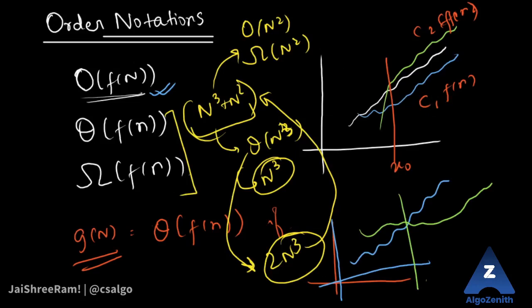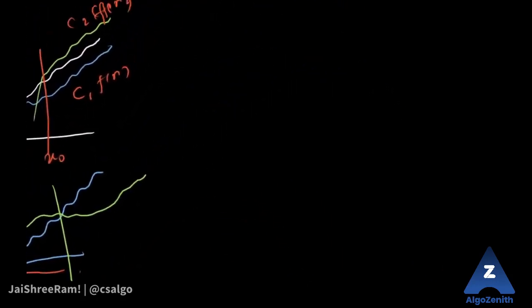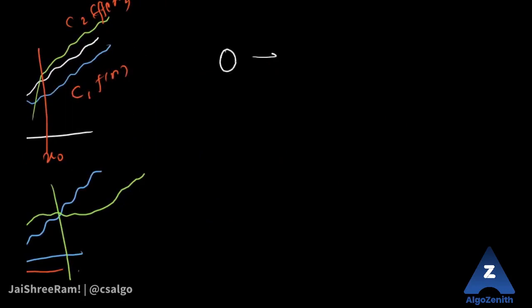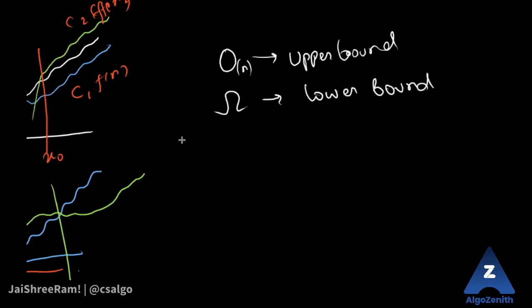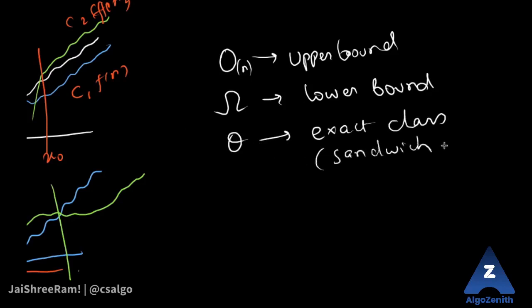If you have to remember this, you just need to understand that big O is your upper bound, omega is your lower bound, and theta is the exact class, or you can say it is sandwiched between two functions of the same type, just by varying the constant.